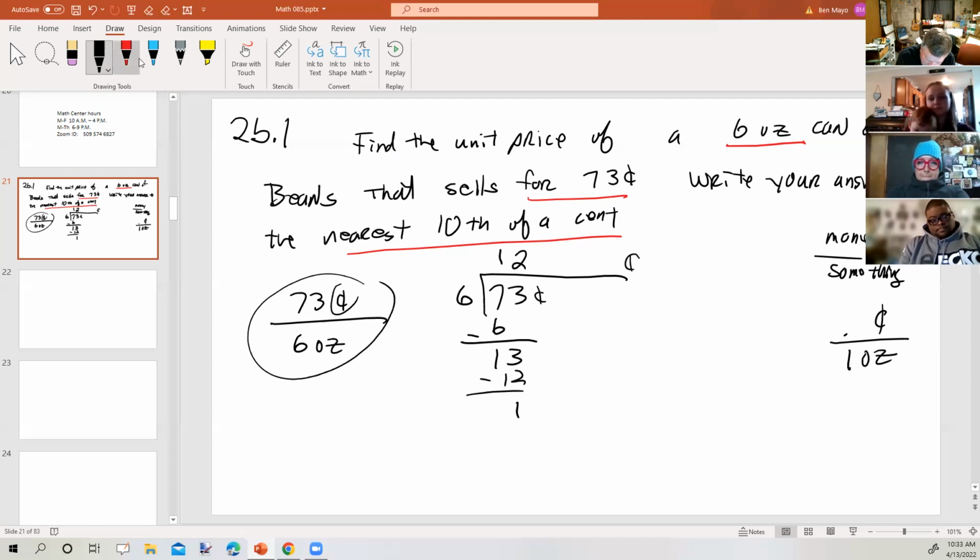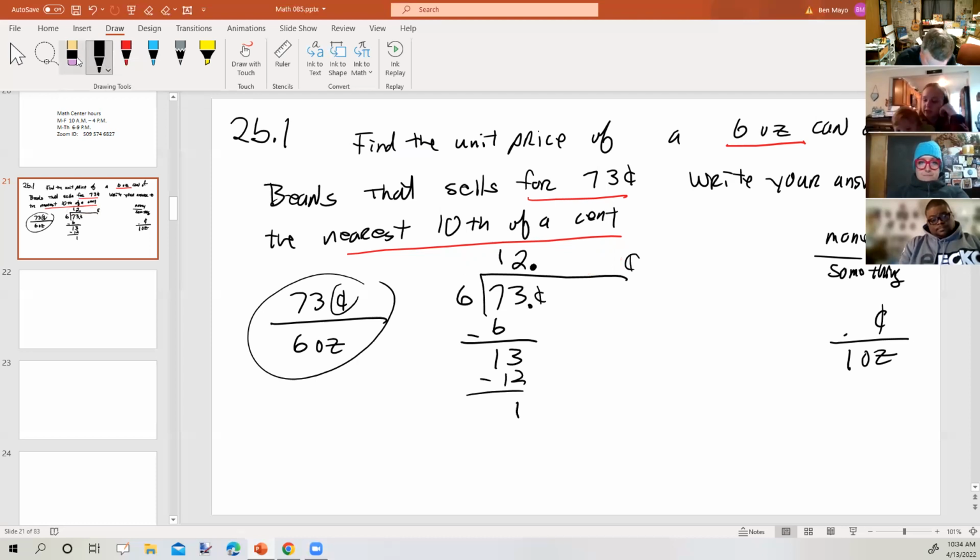I need to go 1 decimal place to the right of where I'm going to round. Since I want it to the tenth of a cent, I need to carry out my long division to the hundredth of a cent. So we've got our decimal point right here.